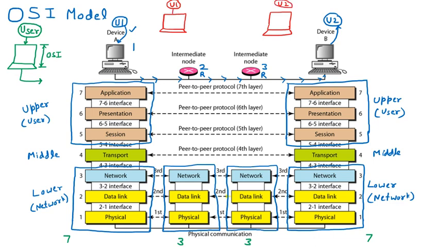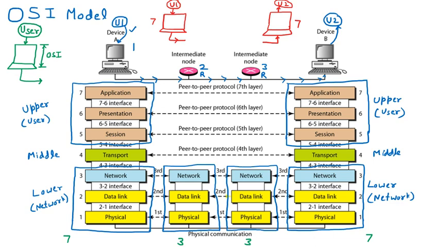User 1 is sending the data graphically and it is going to the wire. So how many layers are coming into the picture? 7. 3 layers for the user, 3 layers for the network and 1 for the middle layer. So data is moving this way, and now the data is coming here and given to user 2. Again 3 lower layers, 1 middle and 3 upper. 7 layers are required.